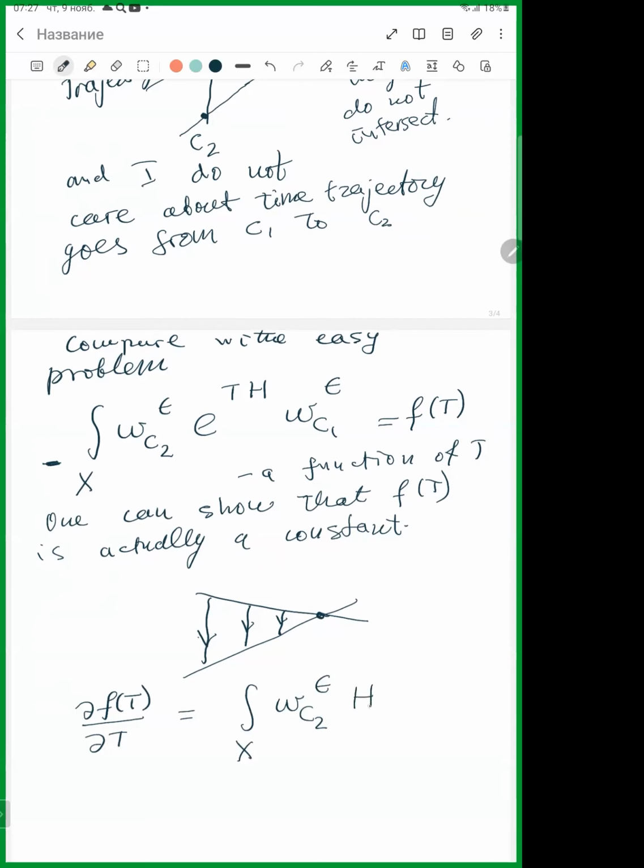And here I have this H, e to the tH, omega C1 epsilon. Now, H is d of iv. I put it here and integrate by parts.